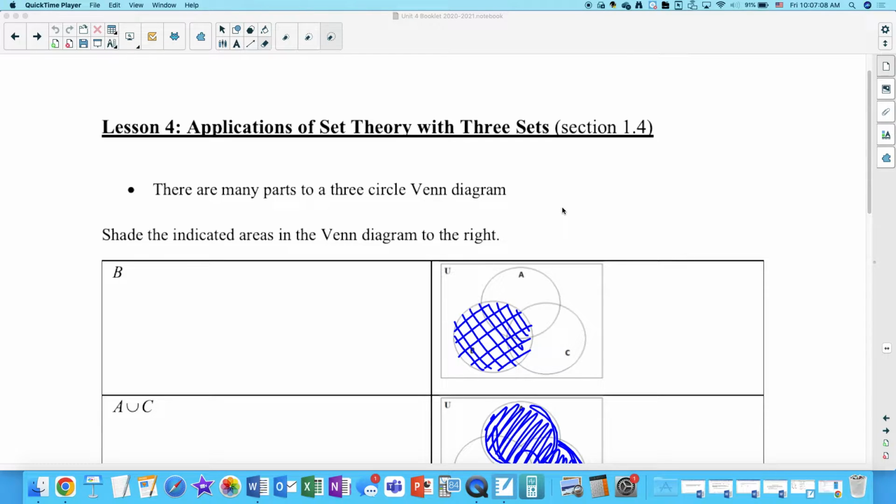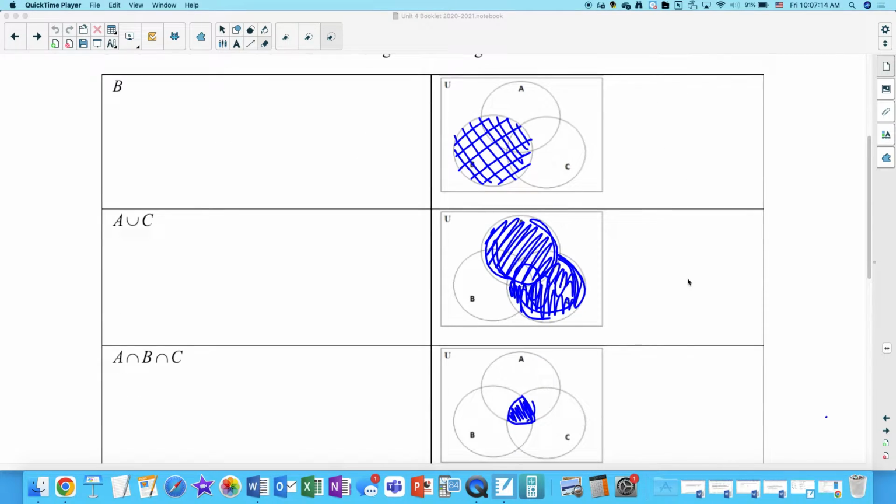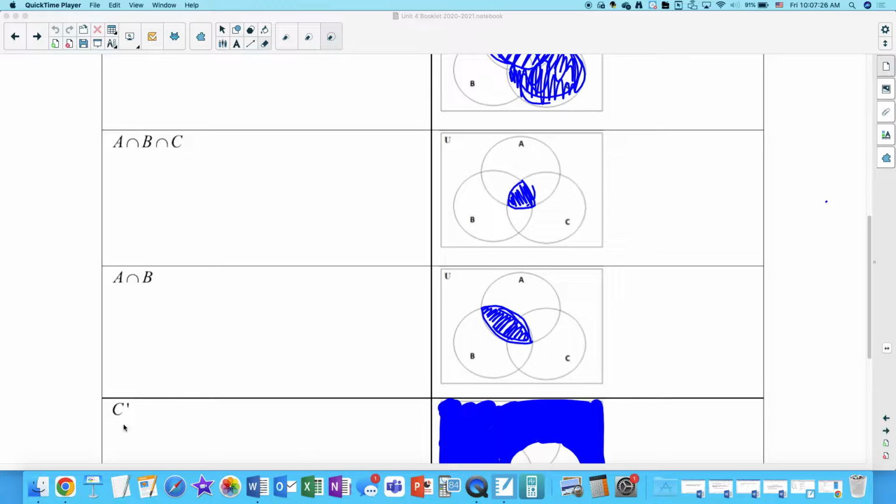So for example, this letter B, we just colored the B circle, right? The next one was A union C, so we joined A and C together and colored all of those. This guy is A intersection B intersection C, so that's the overlap of all 3, and so on and so forth.